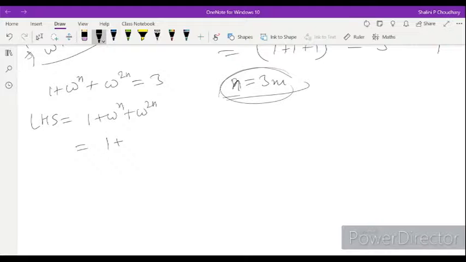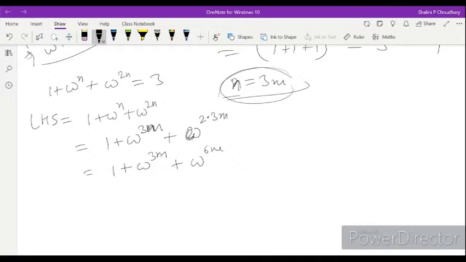So 1 plus omega to the power 3m plus omega to the power 2 into 3m, which is 1 plus omega to the power 3m plus omega to the power 6m.